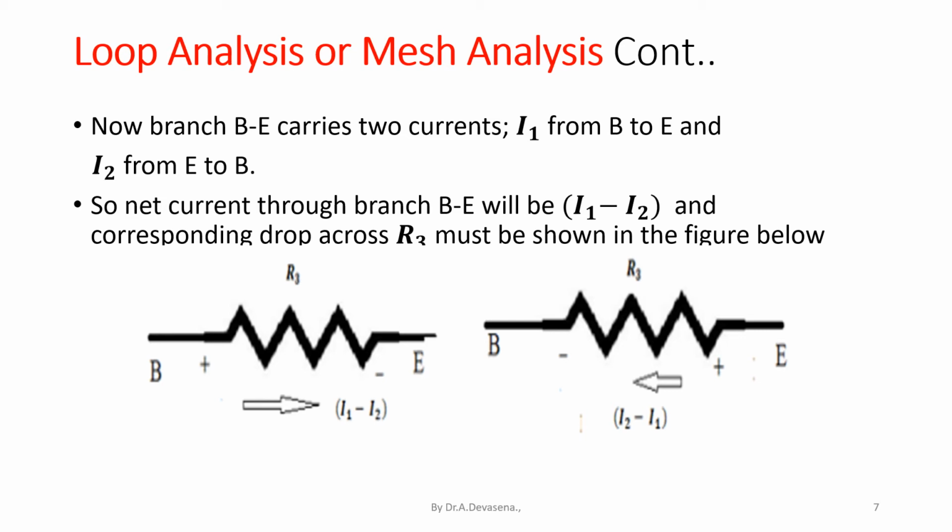In the second diagram, the current flows from the point E through resistance R3 and ends at B. Therefore, the current flows in the other direction. So, the net current for this will be I2 minus I1.